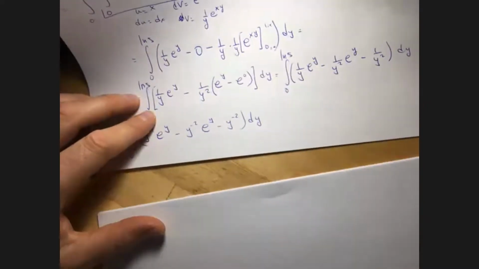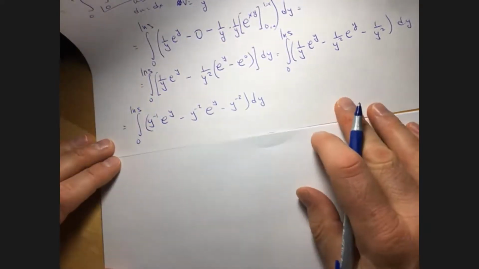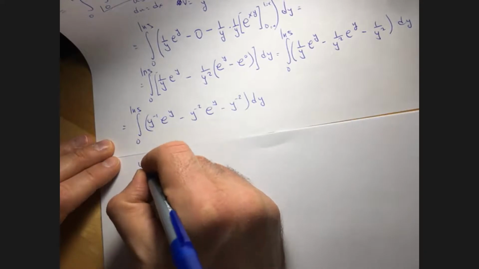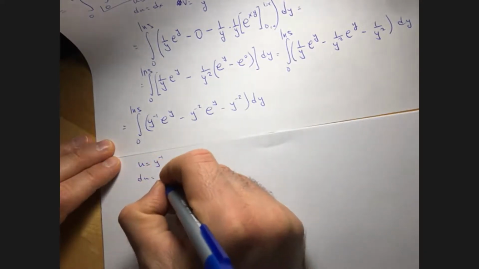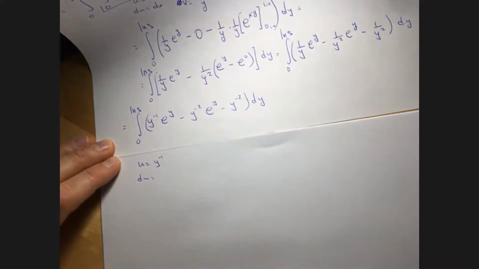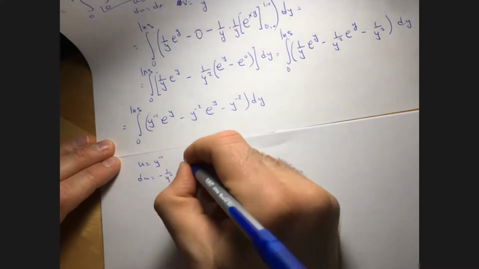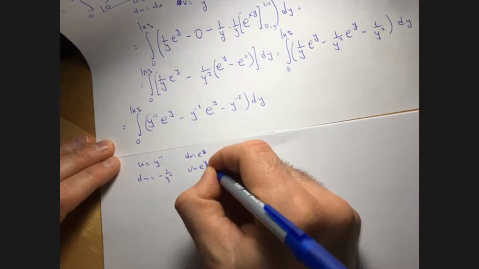For each of these, I have to use integration by parts. u is equal to y to the power negative 1, du is equal to negative 1 over y squared. dv is equal to e to the power y, v is equal to e to the power y.